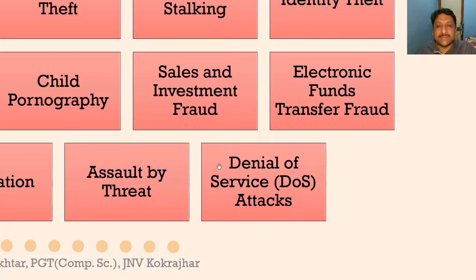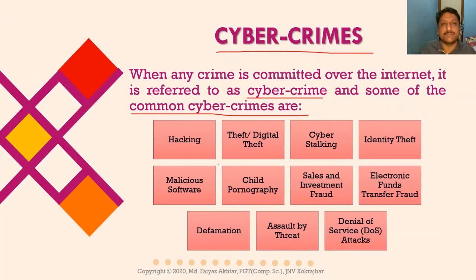The cyber crime list does not end here. There may be more and more crimes, but these are the common cyber crimes, and we are going to learn them here one by one.